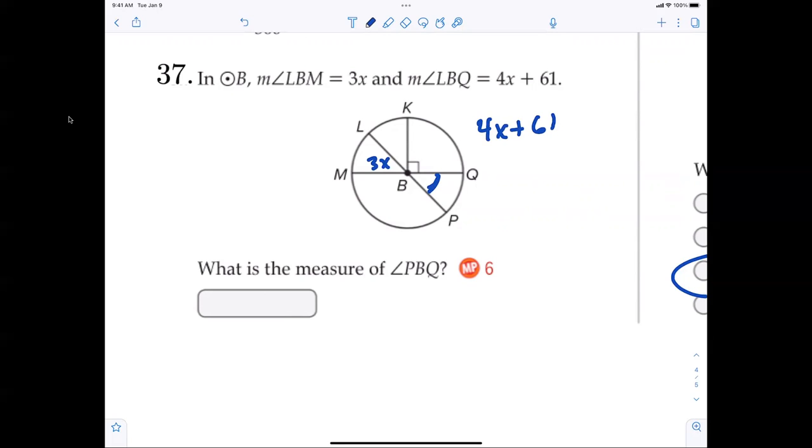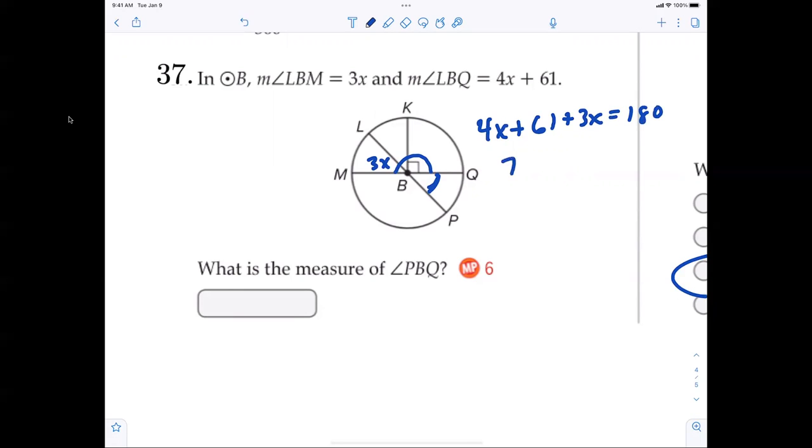So it looks to me like this is 180 degrees, right? And we know that 4x plus 61 plus 3x has to equal 180. Do you agree with that?